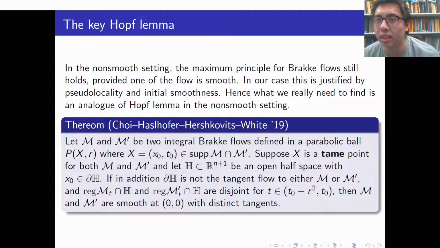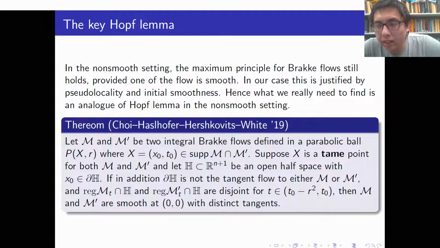Okay, so distinct tangents is kind of like the Hopf lemma part, and everything else is more like technical assumptions. In our applications, the assumption that partial H is not a tangent flow to either M or M prime is not really a problem because you have a regularity theorem: if partial H is a tangent flow to either M or M prime, then these flows are automatically smooth.